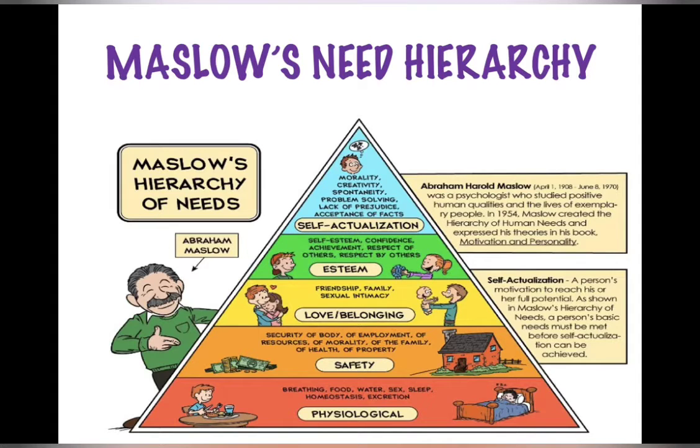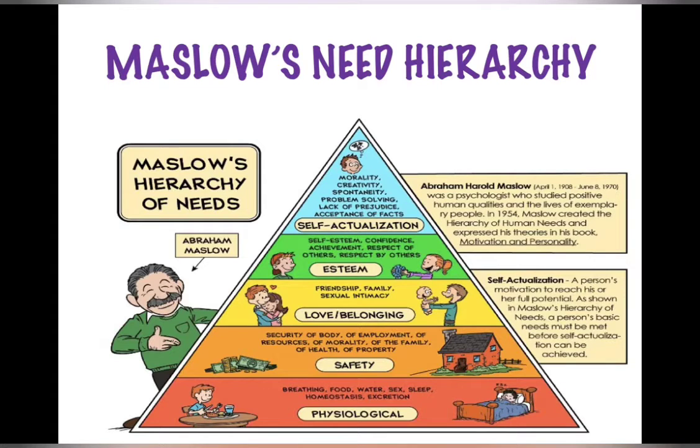At this level, a person tries to fulfill his safety needs, which include employment, getting money, or making a house for himself. Basically, safety of the family, health, and property. This is what they try to achieve at this level.